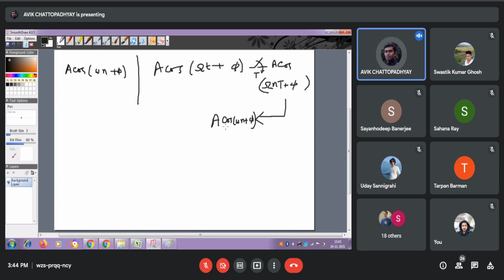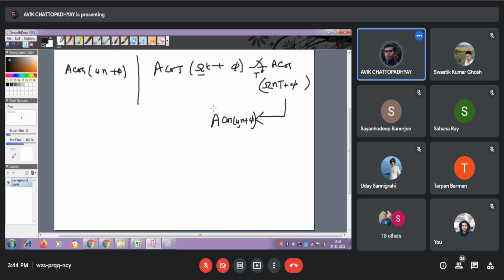So this signal is related to the original continuous time domain signal, as I've already mentioned. If you now want to relate the frequencies of these two signals: one was the original signal in the continuous time domain, whose frequency was capital omega, and the other is the sampled version, which after conversion we got as A cos small omega n plus phi.